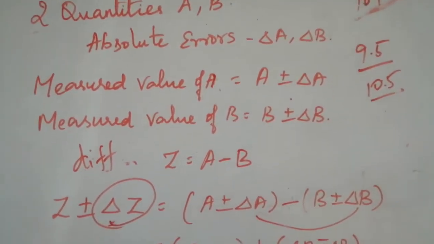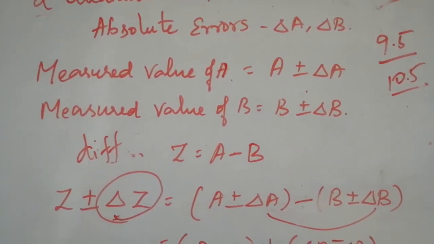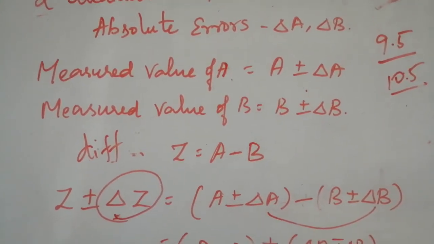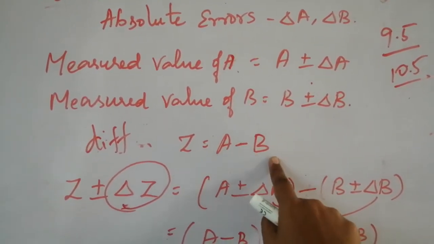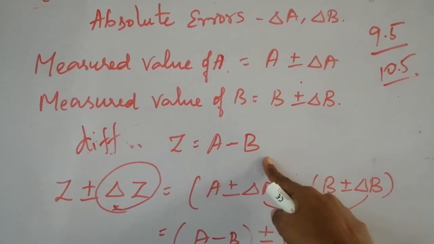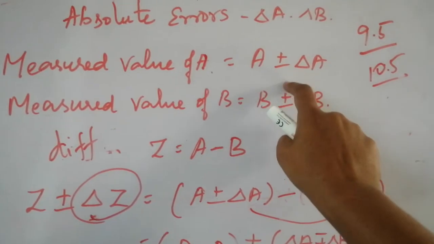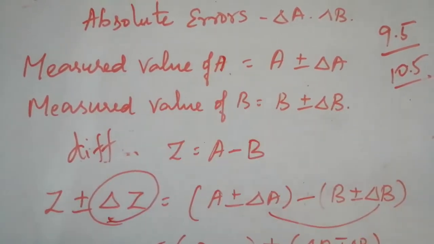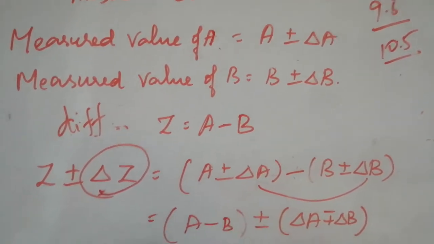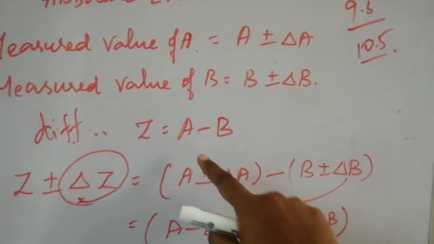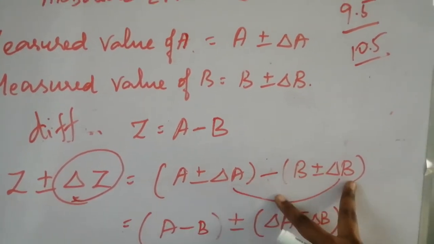Here what we are going to calculate is the difference, given by the symbol Z. Difference means it is A minus B. This is actually the original A value minus the original B value, but here what I measured is A plus or minus del A for A. So instead of A, you can take A plus or minus del A, minus, because this is my first value minus the second value.